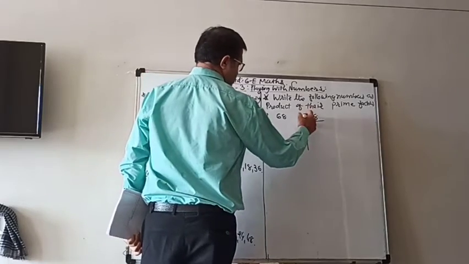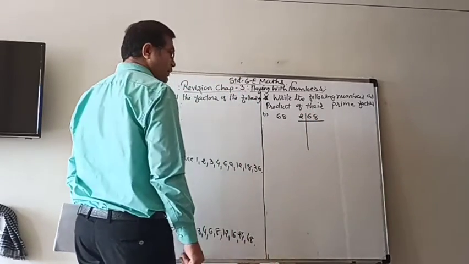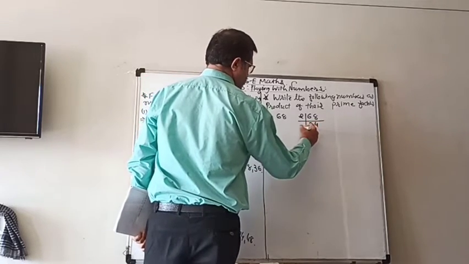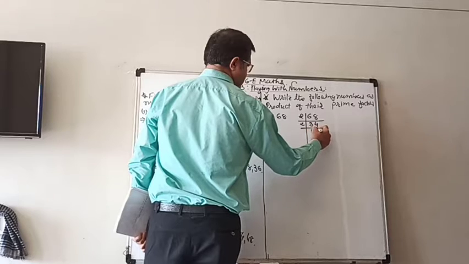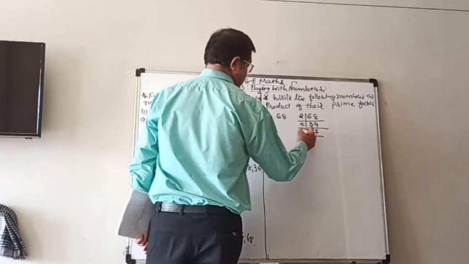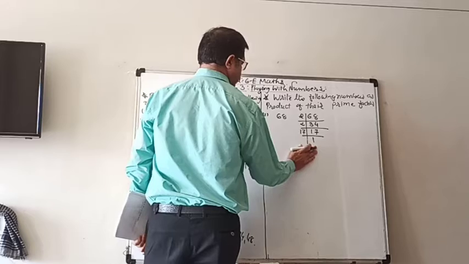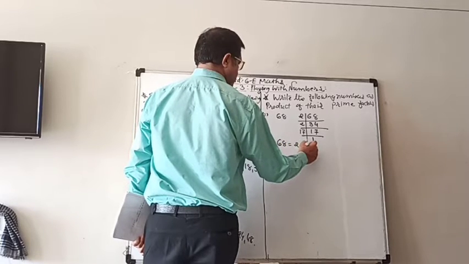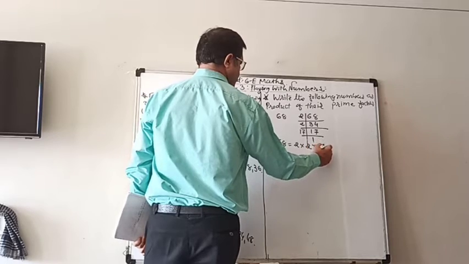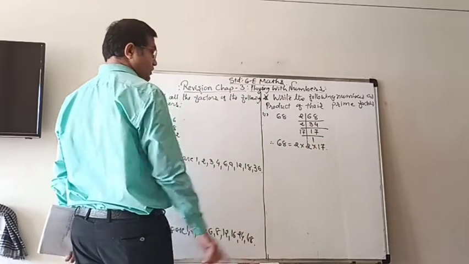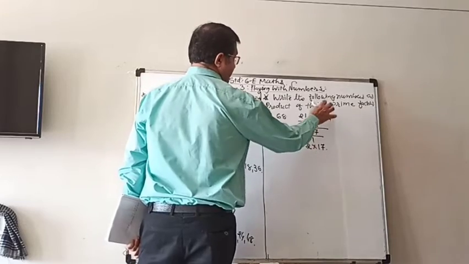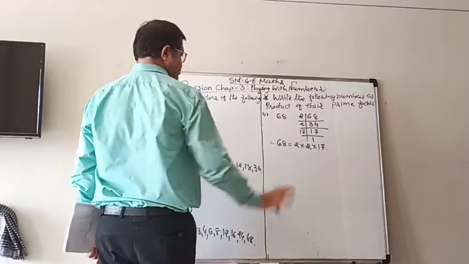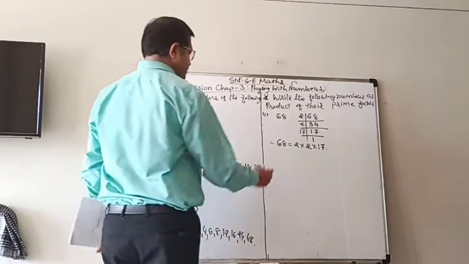It is divisible by 2 because it is an even number. 34 twos are 68, 17 twos are 34, and now 17 is a prime number. So 17 ones are 17. Therefore 68 is equal to 2 multiplied by 2 multiplied by 17. Here we don't write down 1 because 1 is not a prime factor. So all those numbers which are prime numbers can be written like that.